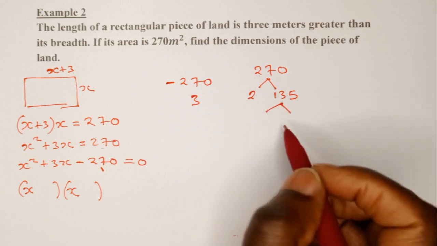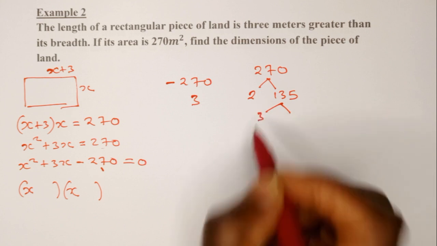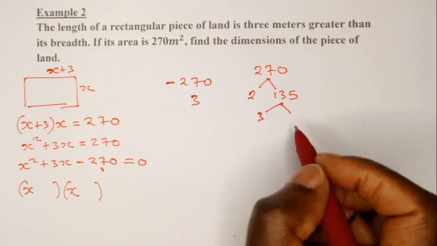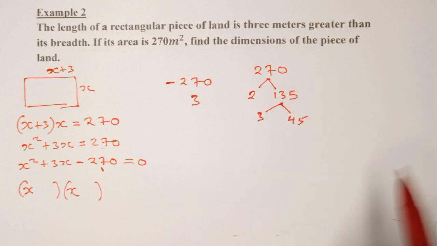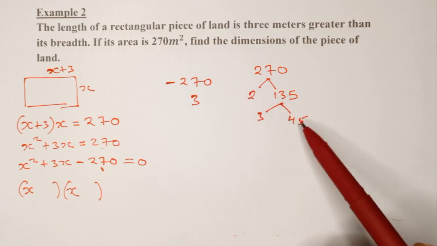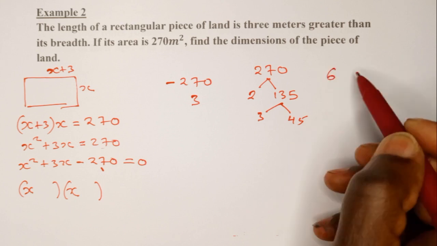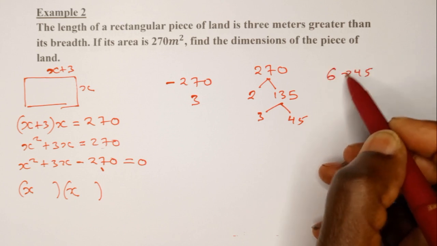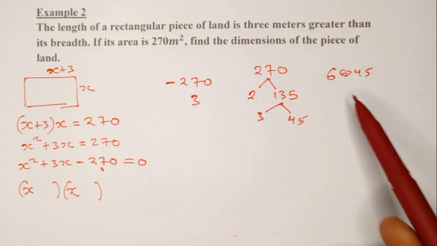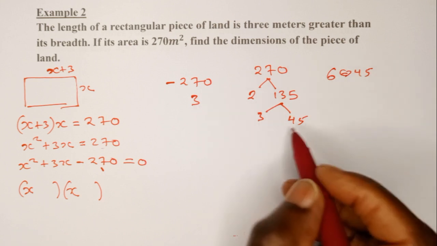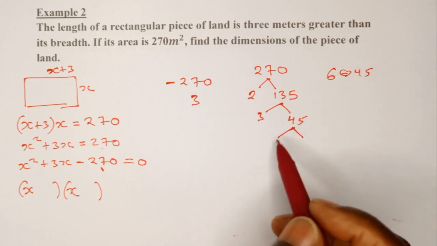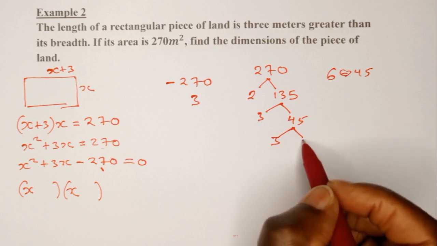Go to the next prime number, which is 3. Then 3 goes to 135, that is 45. Then compare these two, multiply this to get 6. So you compare 6 and 45. Is there a way that you can multiply to get 270? Yes, but can you add to get 3? No. Continue, go down, then 3 again can go to 45, 15.